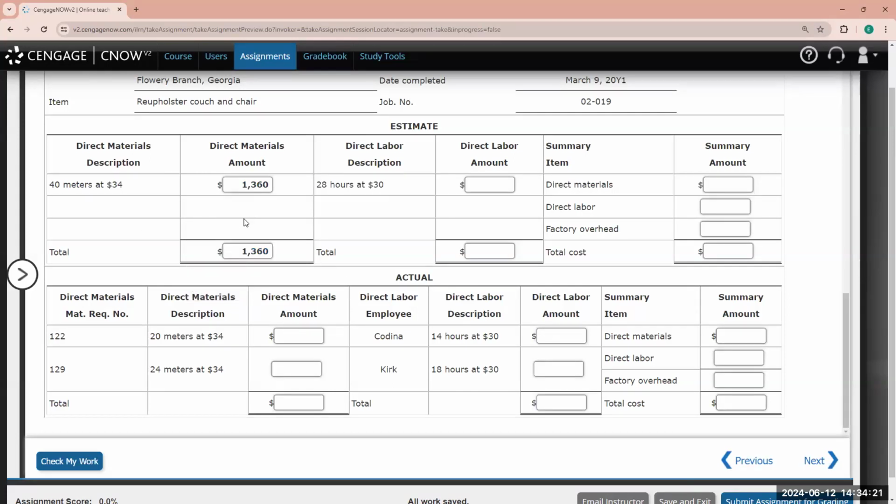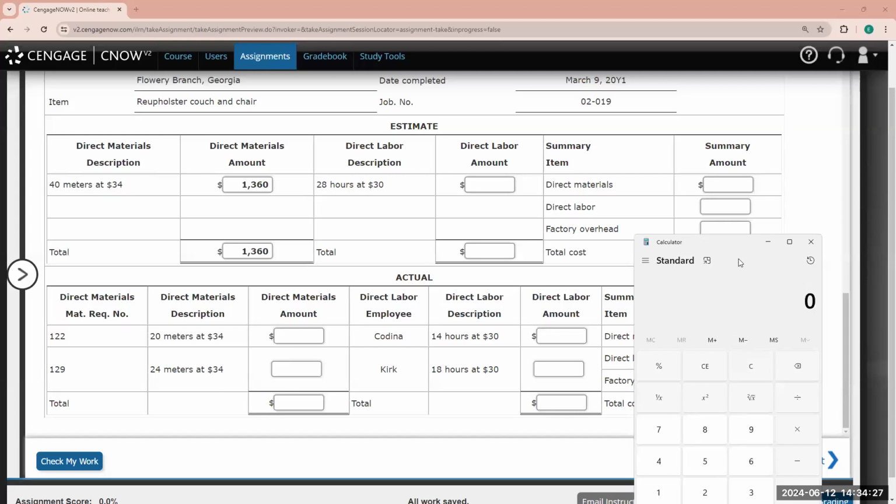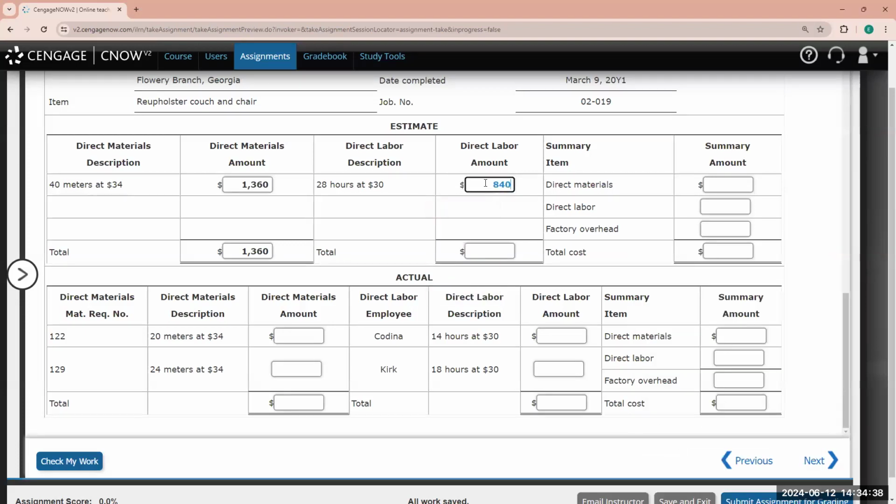We have no other materials that are being used for our estimate. Next, for our direct labor, we assume that it will be 28 hours worked at a rate of $30 per hour. So therefore, the total direct labor would be $840, and we bring it down, our total would be $840.